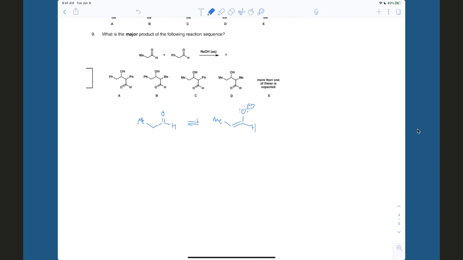Does anyone remember? Yeah, non-enolizable. What happens if we have 2 aldehydes that are enolizable? A mixture is formed. I agree.